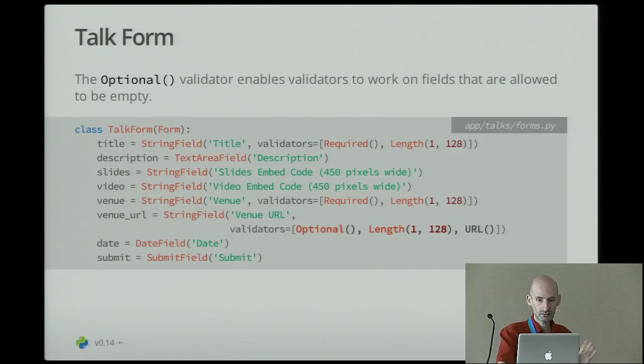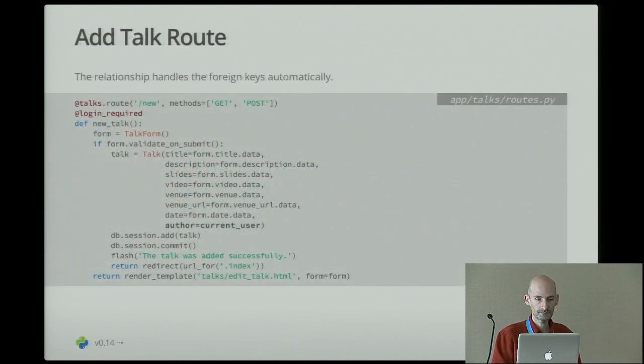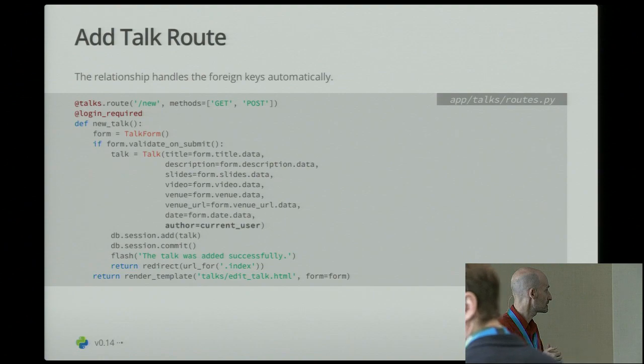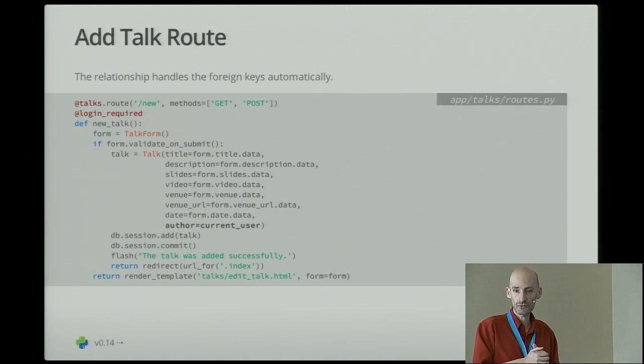Other than that, not much new here. This is a route, which I called /new, and really not a lot of new things here. If the form doesn't validate, I just show the template, and that will render the form. I'm rendering the form with the quick form function that I've shown before.